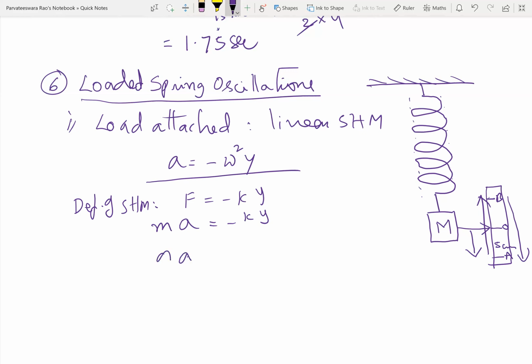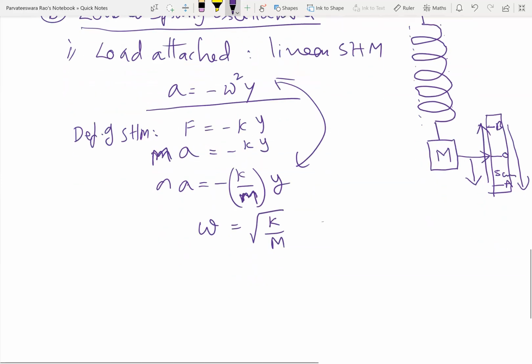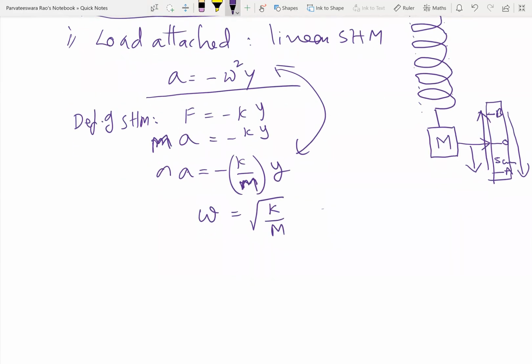So a is equal to minus k by m into y. If you compare these two, you will be getting the angular velocity of the loaded spring oscillations. Angular velocity of the loaded spring oscillations comes out to be omega is equal to root of k by m.